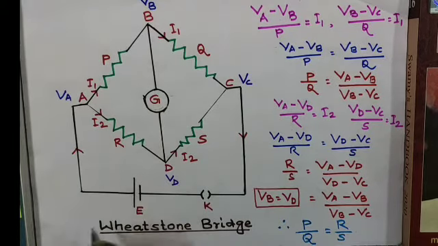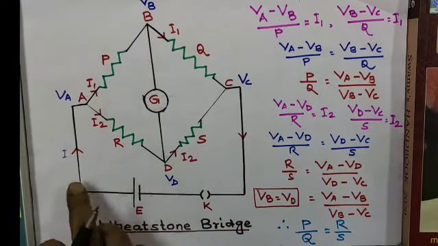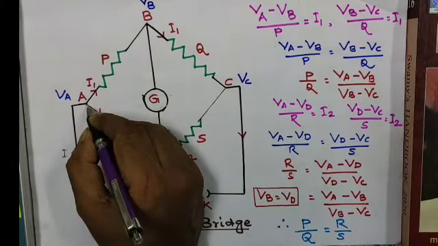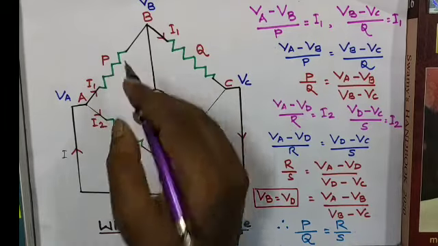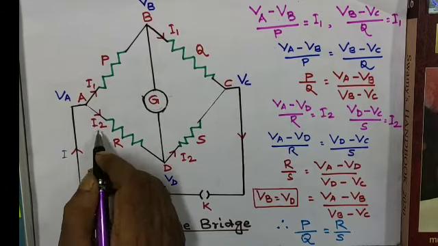Here we can see the main flow of current, which we take as I. The main flow of current has been divided into two parts at point A. One is passing through P, that is I1, and the other portion is passing through R, that is I2.